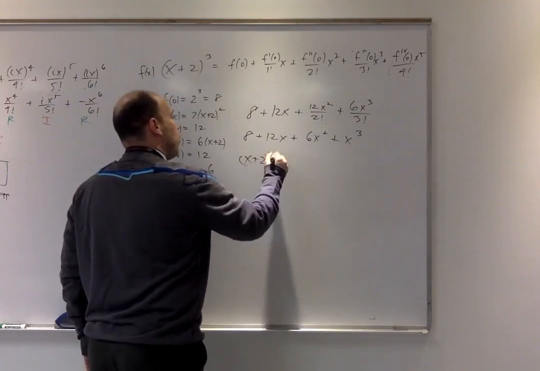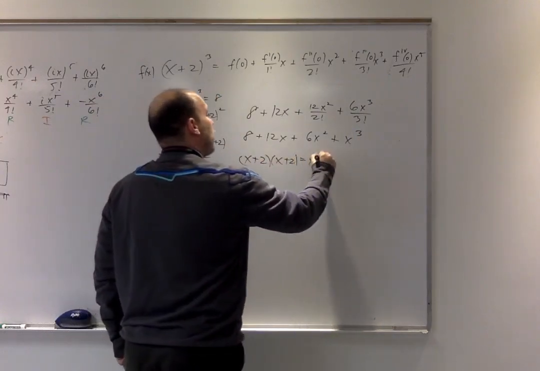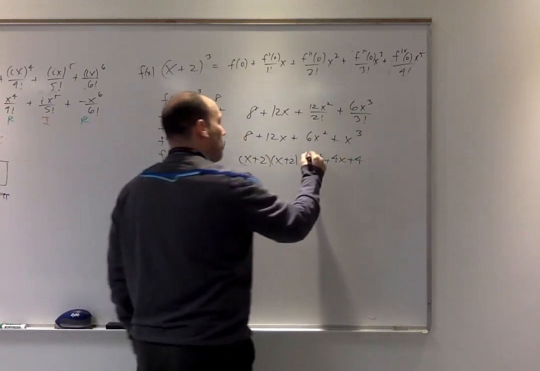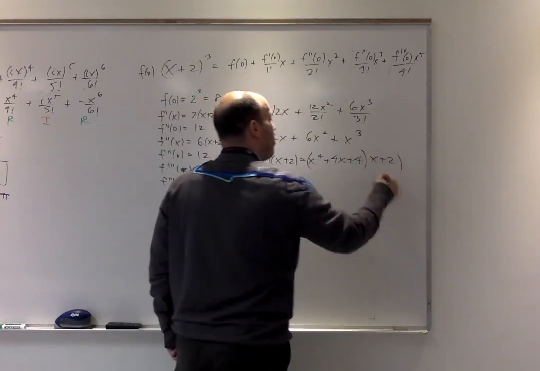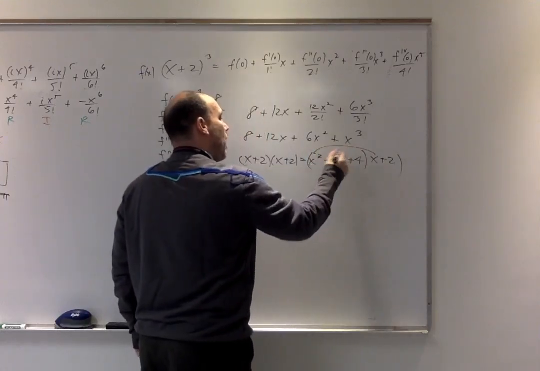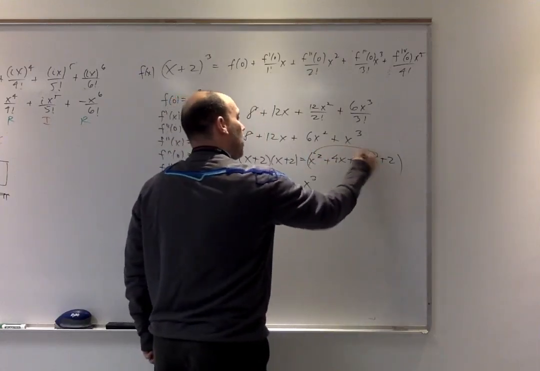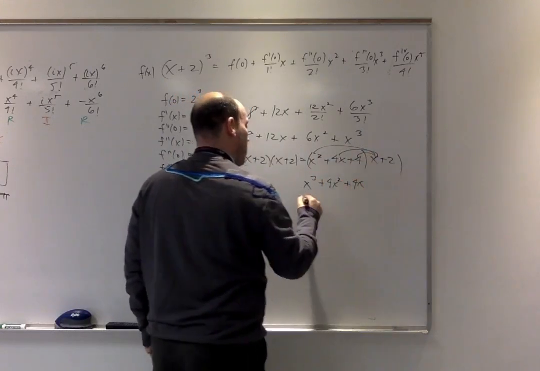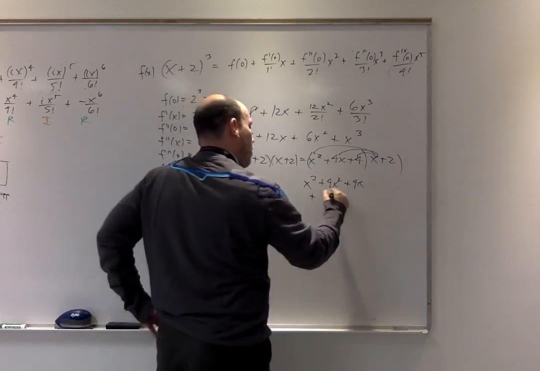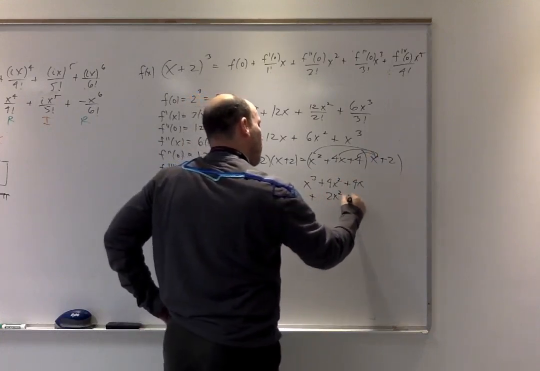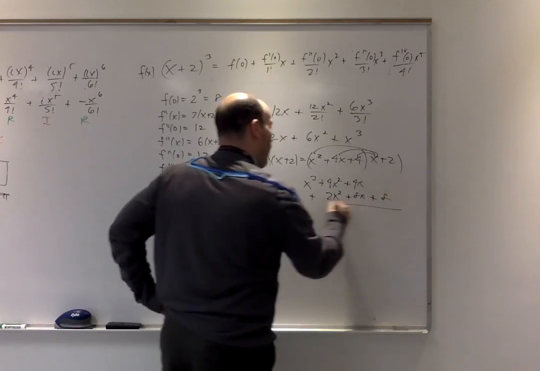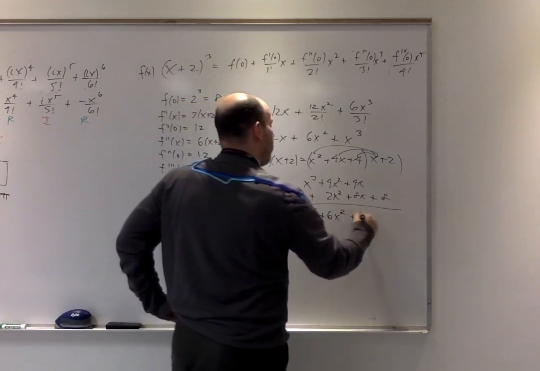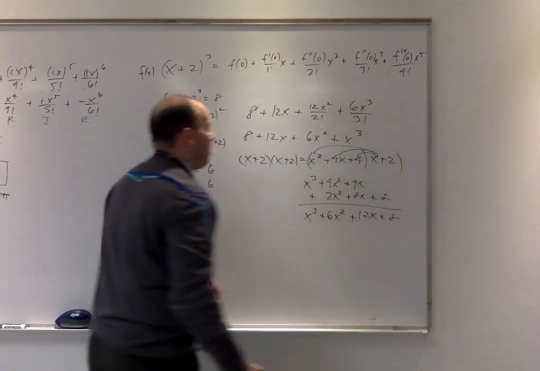So x plus 2 times x plus 2 equals x squared plus 4x plus 4. And then if I multiply this by x plus 2, I get x cubed plus 4x squared plus 4x plus 2x squared plus 8x plus 8. Final answer, x cubed plus 6x squared plus 12x plus 8.